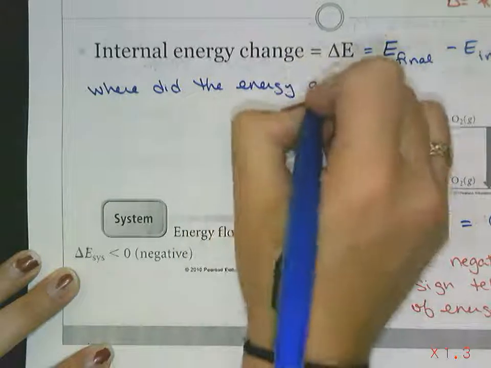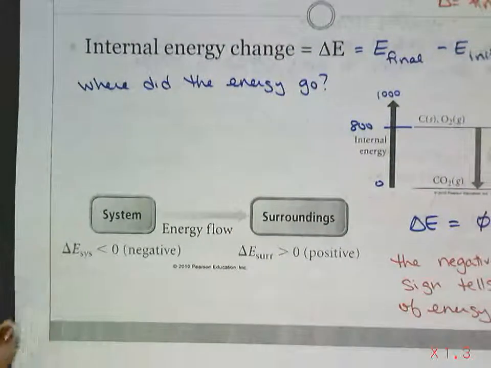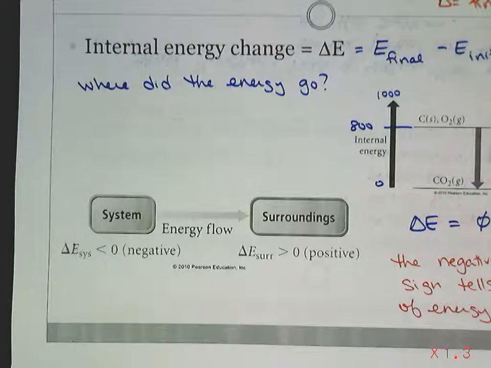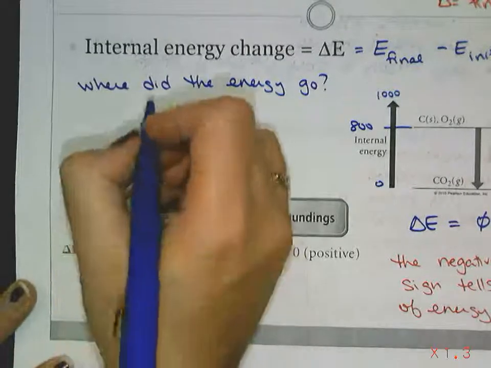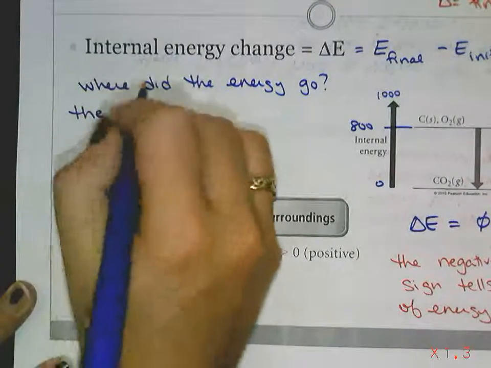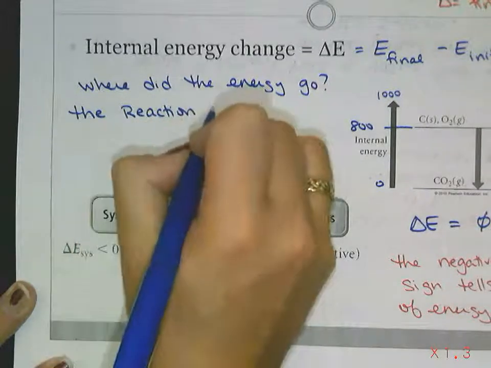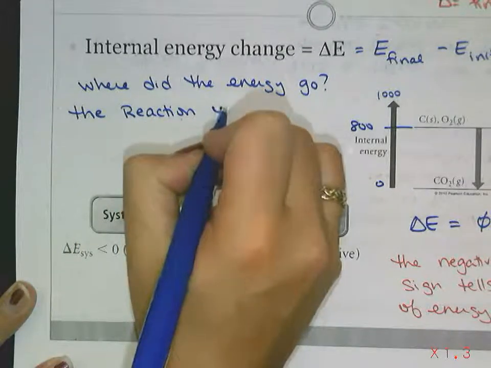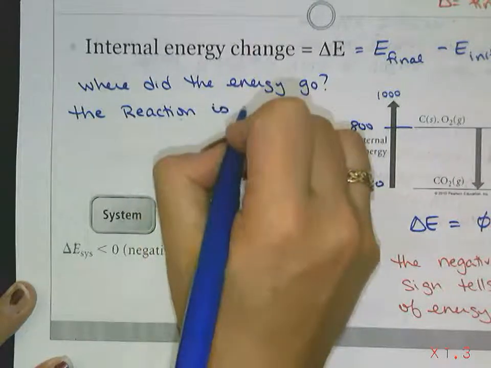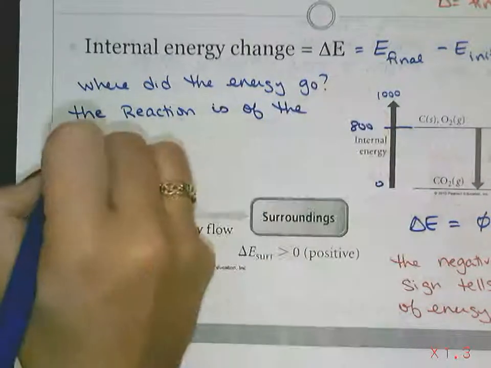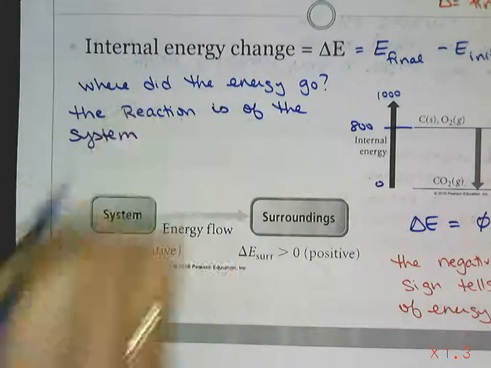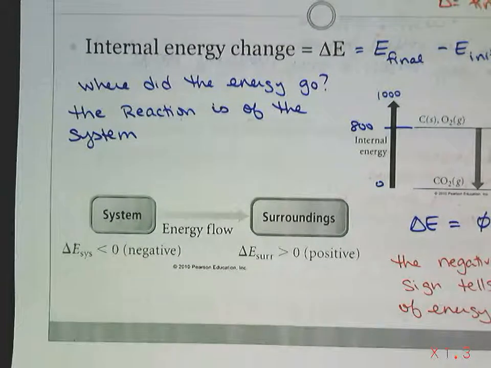All right, so the question is, where did the energy go, right? If it's minus 800, where did it go? All right, so the reaction is the system. The system's where the reaction's taking place.